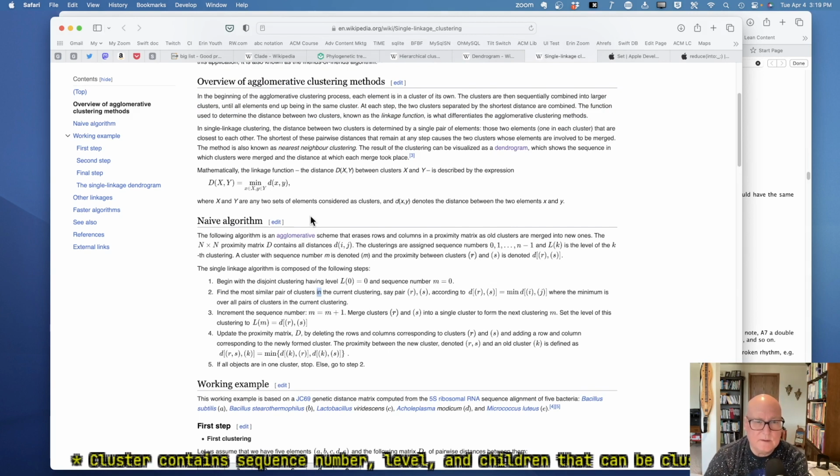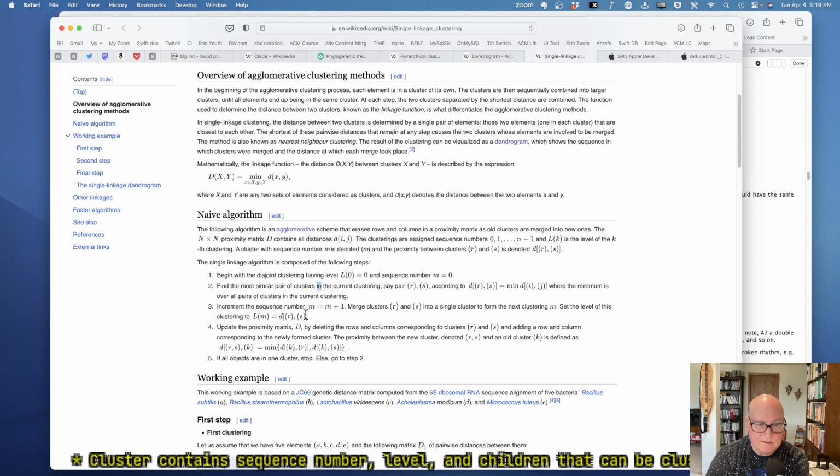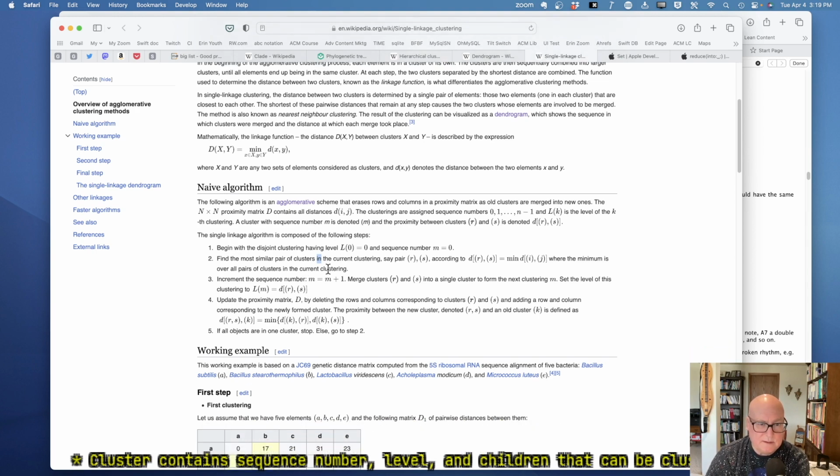Okay, so distance between clusters. Given two clusters, calculate the distance.